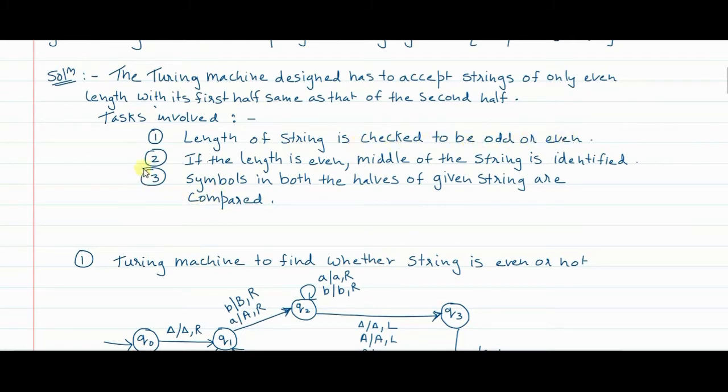Now the output of this will be given as input to the second Turing machine. If the output from the first Turing machine tells you that the length of the string is even, then the middle of the string is identified. Why the middle of the string?